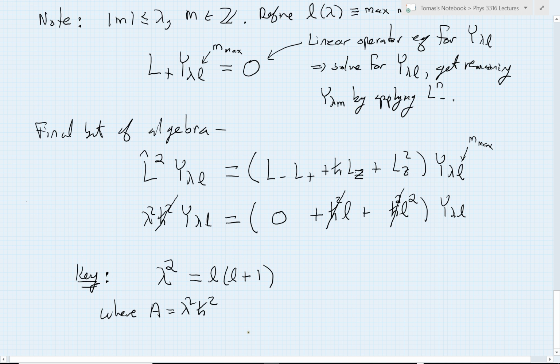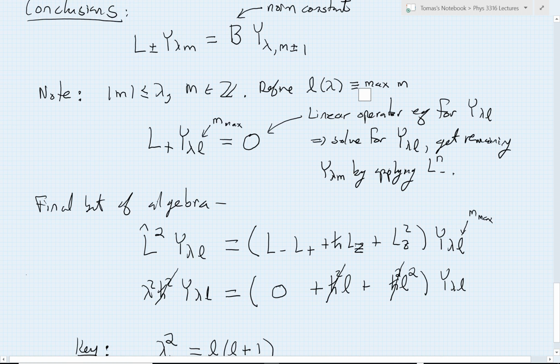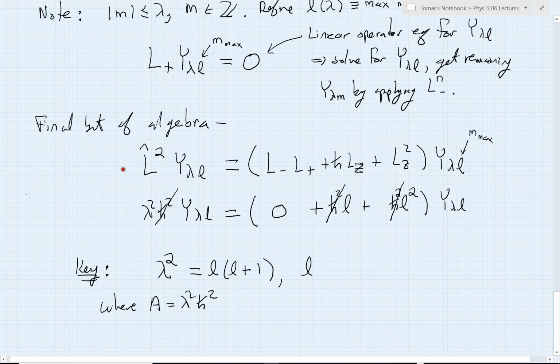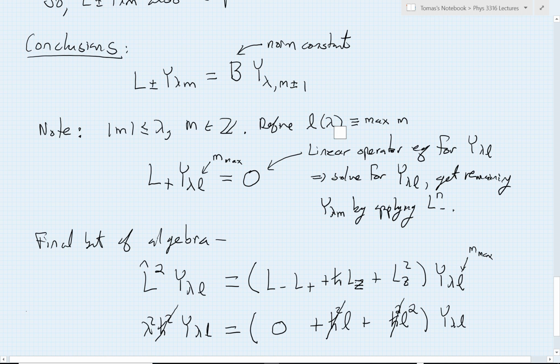Now, L itself, notice, must be an integer because L is actually equal to the maximum possible value of m for a given lambda, but the m's themselves are integers, so therefore the L's must be integers. And they turn out to be not just any integers. L is the maximum value of an allowed m for a given lambda.